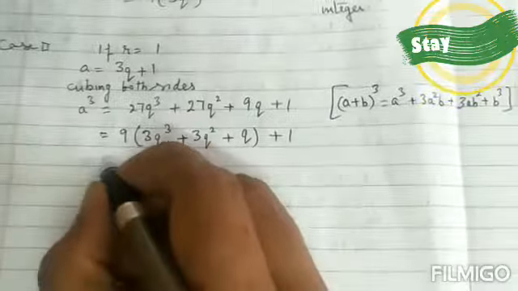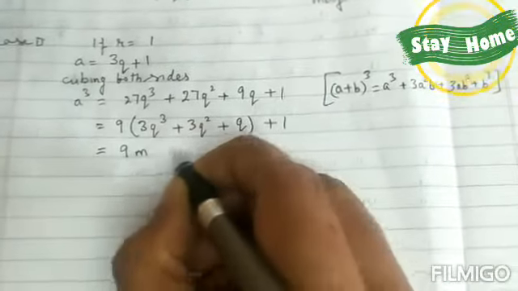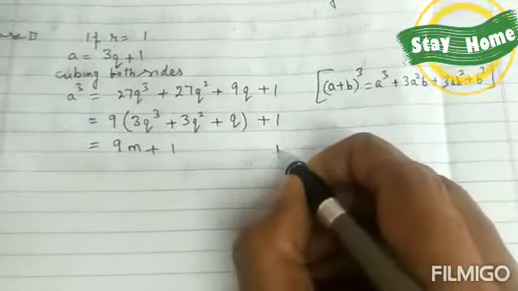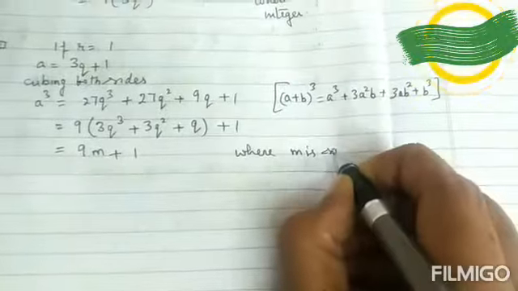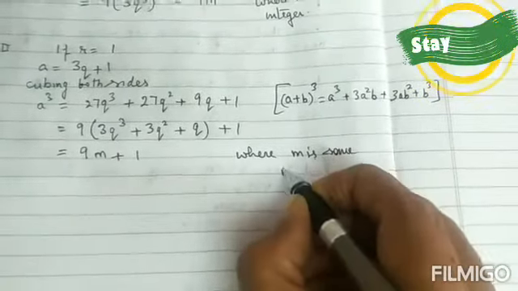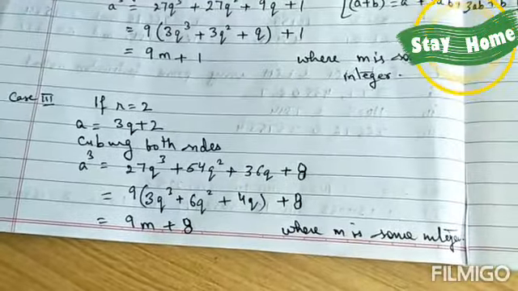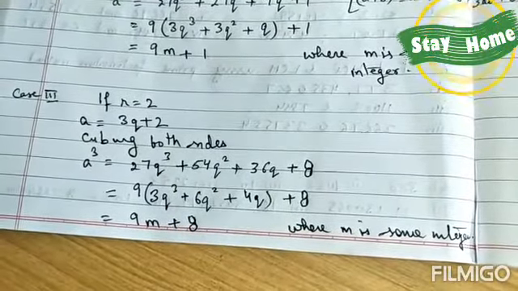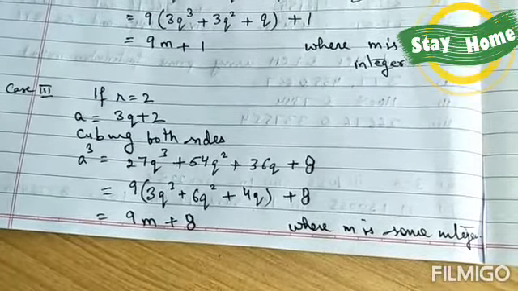So take care. So here the bracket shows the quotient, that is m, some integer, right?